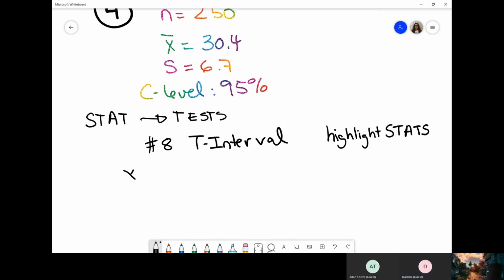My mean is first, so I enter 30.4 and press enter. Then Sx, we enter as 6.7. Enter. n was 250.